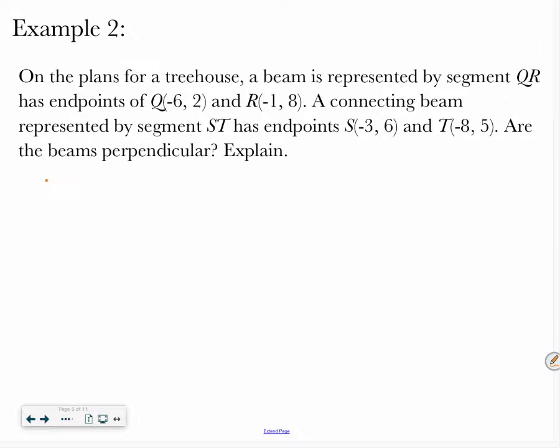Perpendicular lines, let's say my original slope was 2/3. If that is my original, my perpendicular slope would be negative, so opposite, and then the reciprocal.